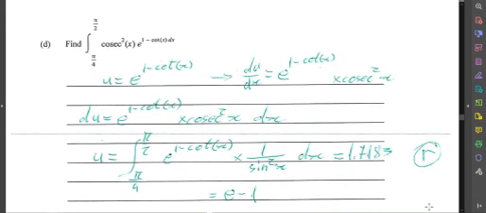Okay, but you need to work those numbers. That's why I didn't bother carrying on with the substitution here and trying to integrate nicely, because it says find this.